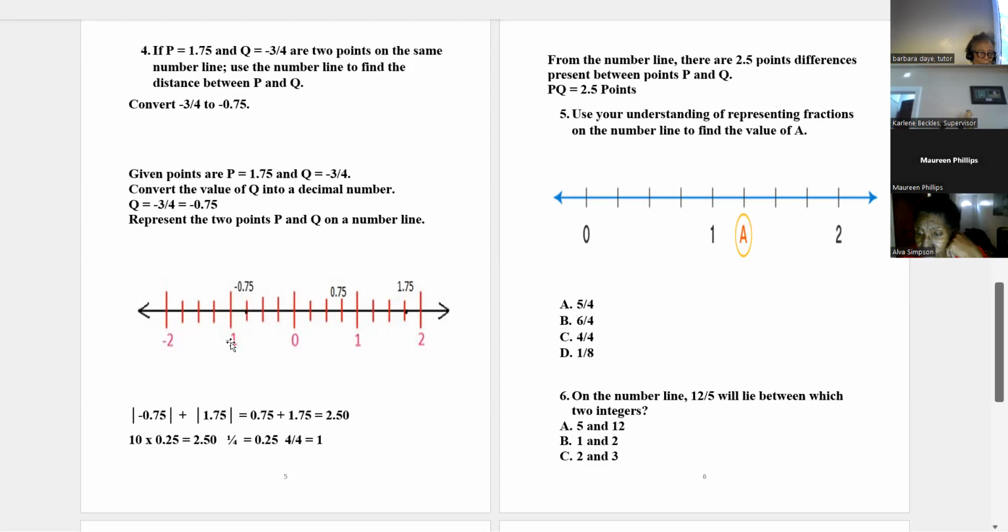So it's between -1 and -2. Now, if I'm midway, what would this number be right here? Midway between 1 and 2 is what?